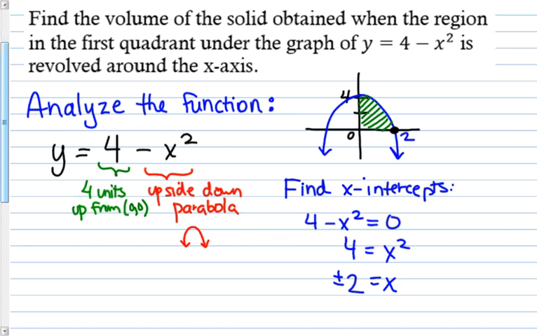And we're revolving that green part around the x-axis. You'd be going around the x-axis. That's a horrible arrow. Let me make another one. Let's go this way. You'd be going around this way.